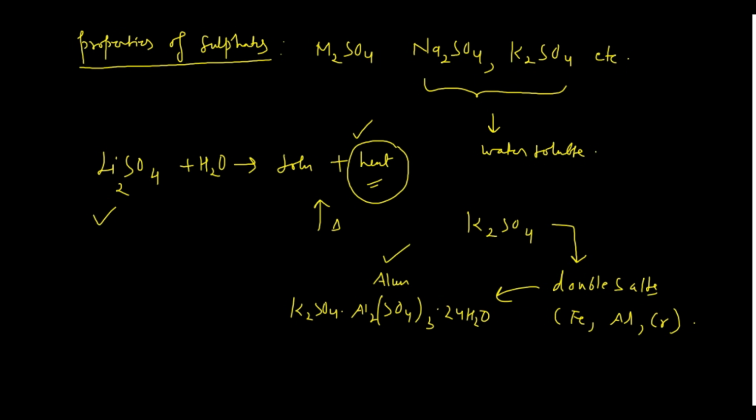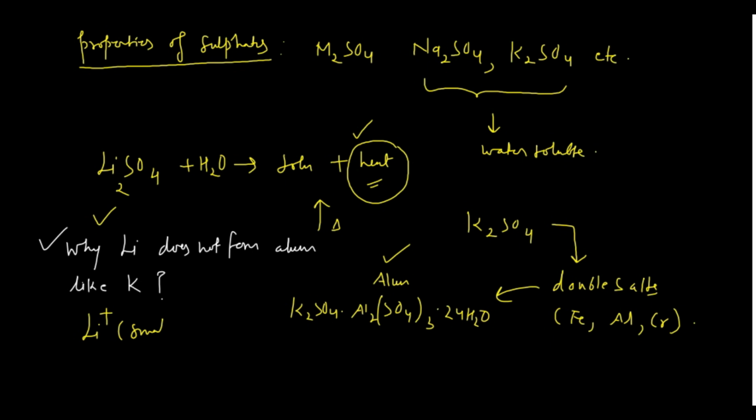So I can write this in the form of a question: why does lithium not form alum like potassium? Again, lithium is an exception, and Li+ is very small in size.